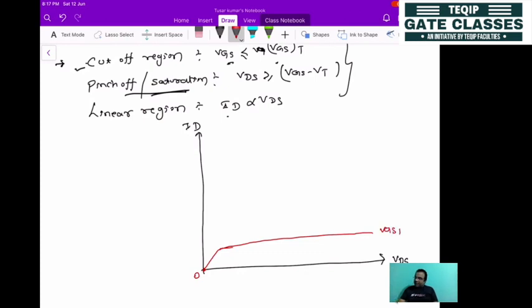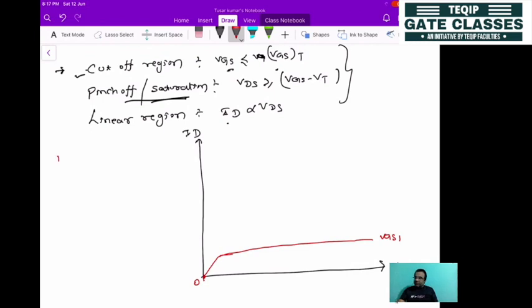But if the gate to source voltage is maintained exactly equal to the threshold value, then from the Shockley's equation, ID is equal to K into (VGS minus VT) squared. If both are equal, it will be almost equal to 0. So here VGS equals VT.